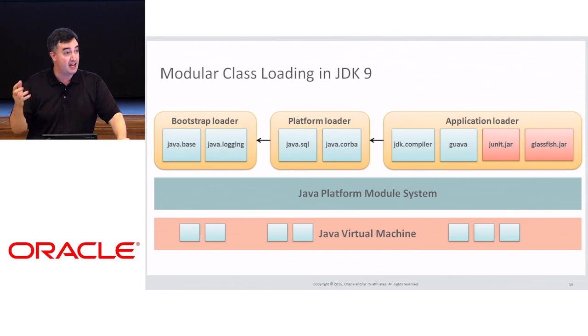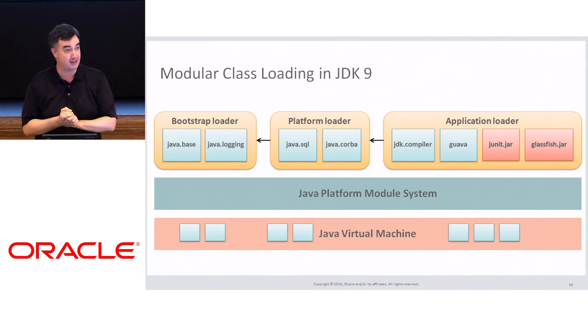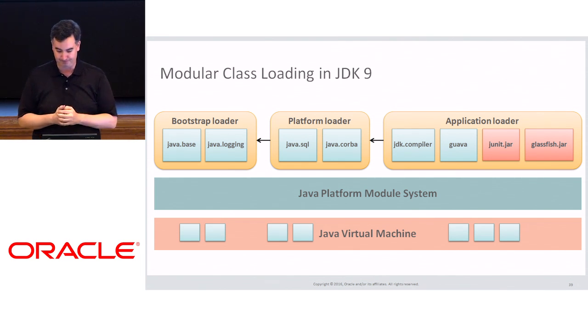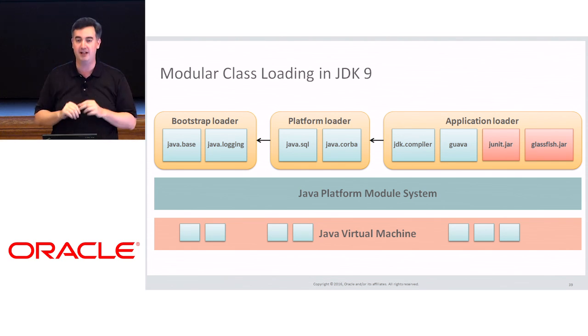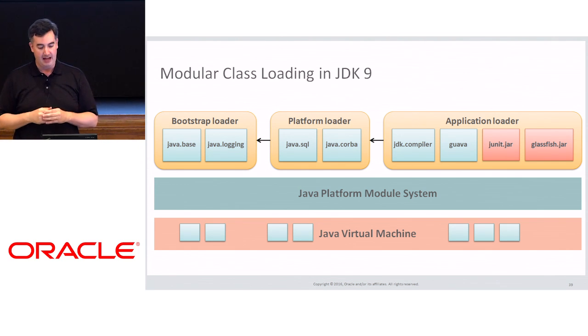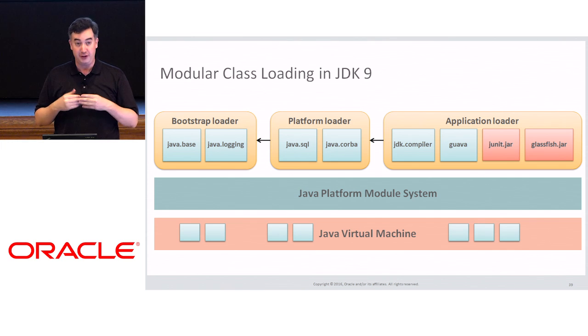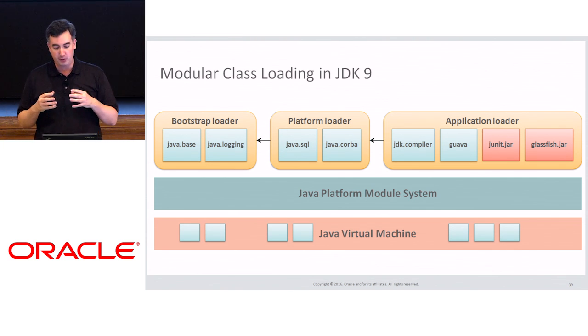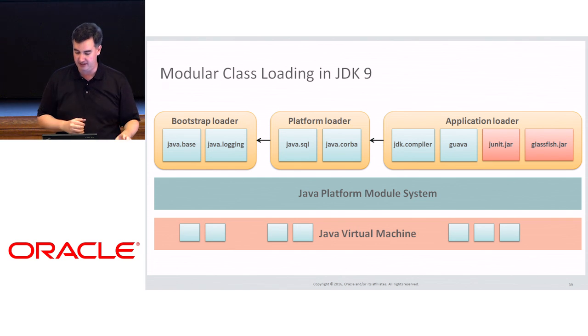That's how the VM knows enough to enforce accessibility. It's also how the core reflection API can enforce accessibility, since it's based on VM-provided class objects. You can think of the Java launcher as creating 3 loaders and doing that transmission for modules on the module path.